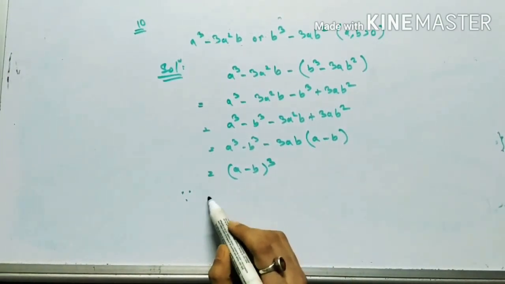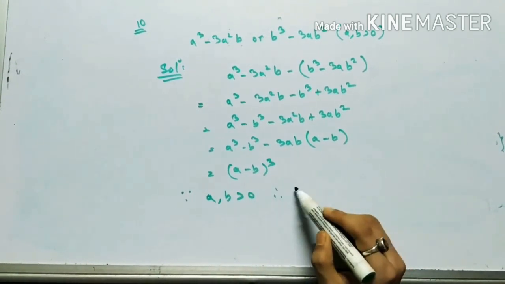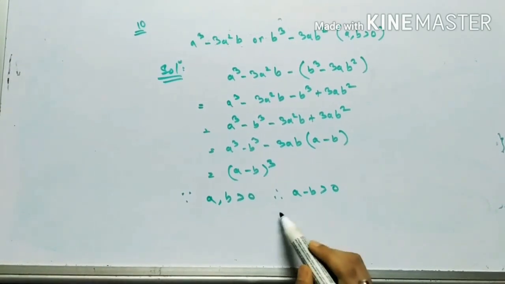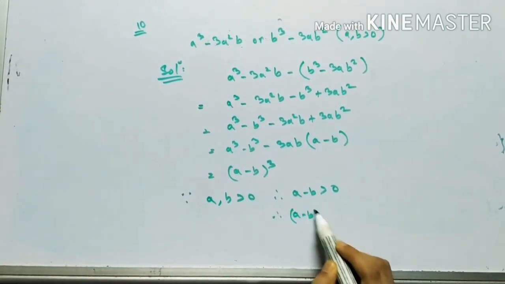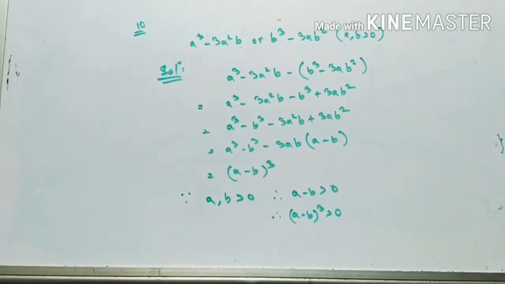Since a, b are greater than 0, I can say that a minus b will be greater than 0. So a minus b the whole cube will also be greater than 0 only.